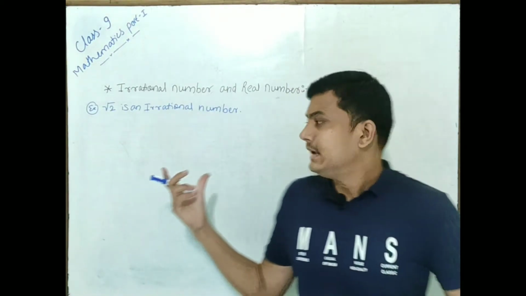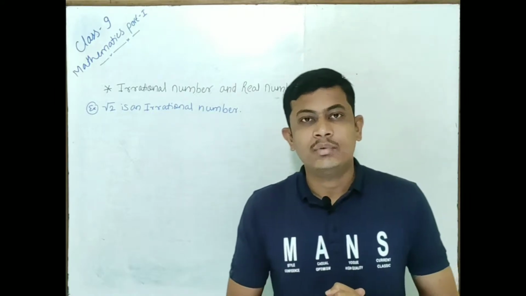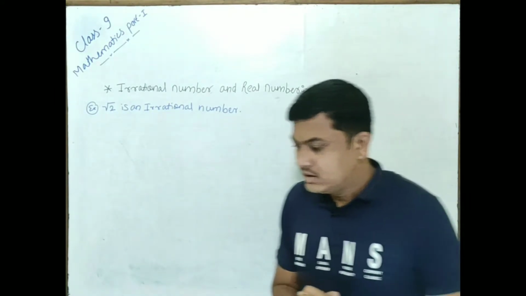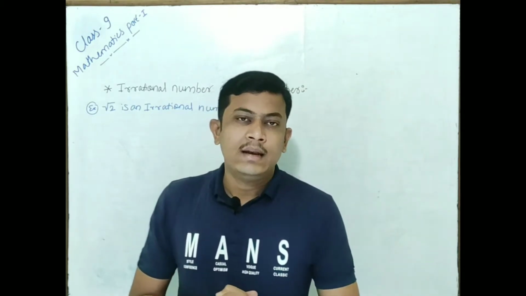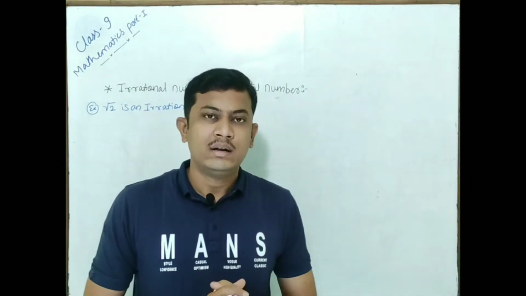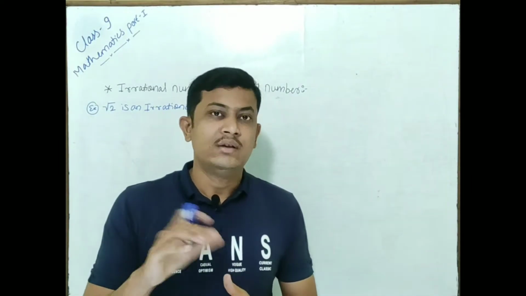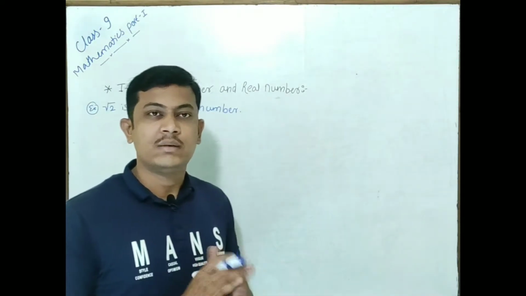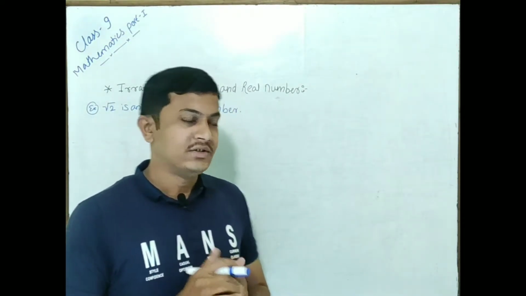Root 2 is an irrational number. With the help of the indirect proof, we have to prove this example that root 2 is an irrational number. So what does the indirect proof say? In this proof we assume that the part to prove is false. So first of all we have to consider that root 2 is not an irrational number, means it is a rational number.